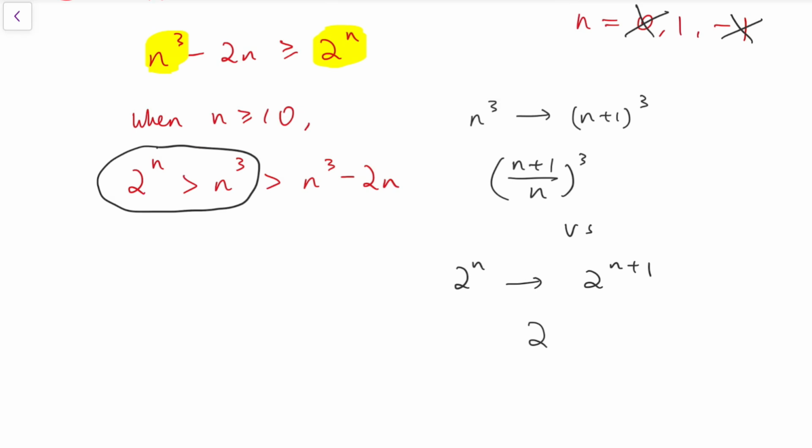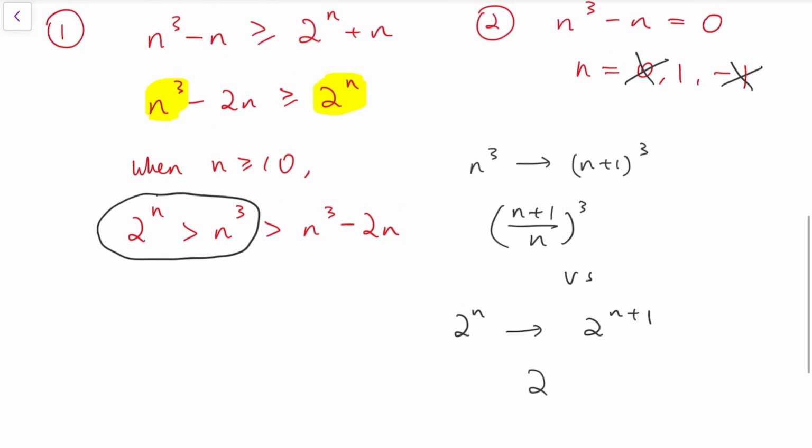You can either do induction, or you can treat both sides as functions and consider the rate of increase. But intuitively, we know that it's going to work. So, therefore, no solution when n is at least 10.